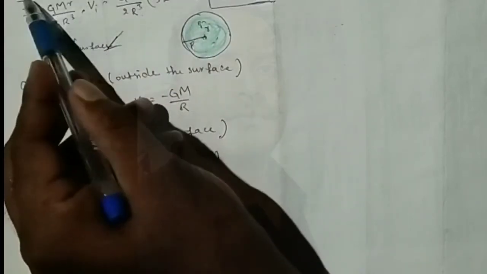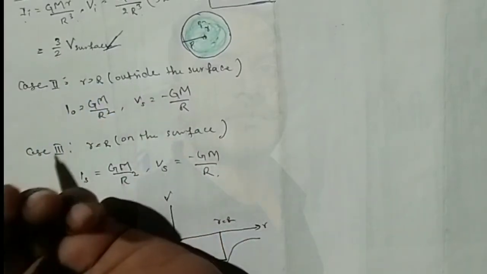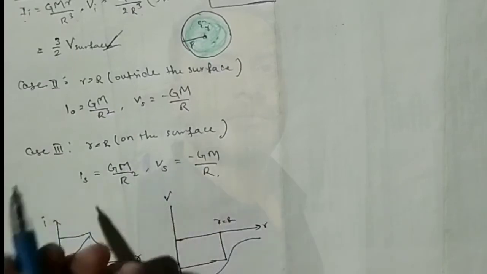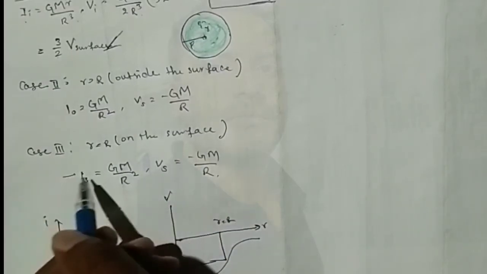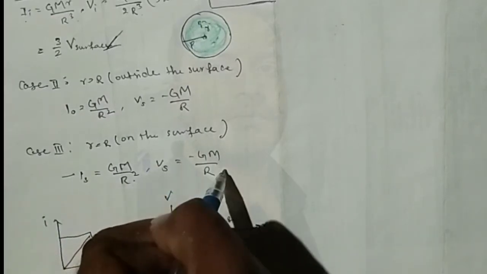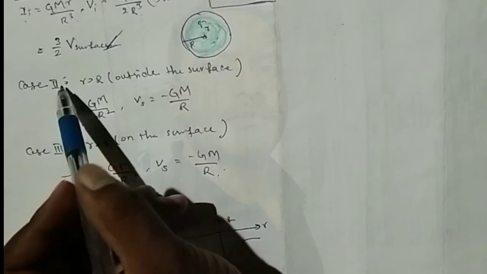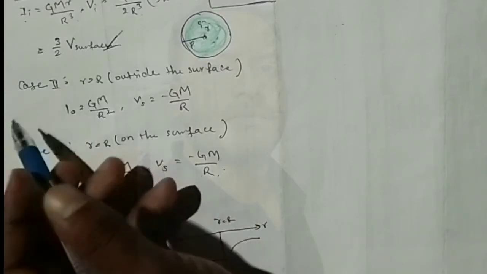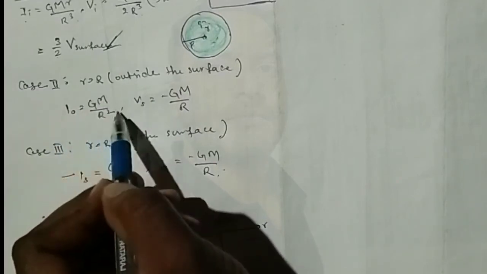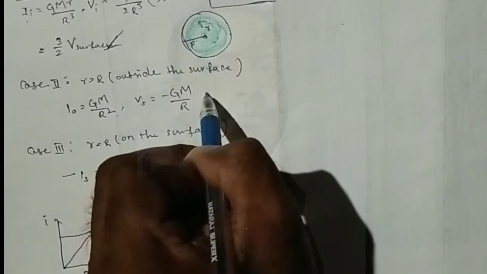This is the first case, inside: 3 by 2 of the surface potential. On the surface it is the same: I is equal to Gm by R square, V is equal to minus Gm by R. Case second, outside point: I is equal to Gm by r square, V is equal to minus Gm by r. It is a small change, right?